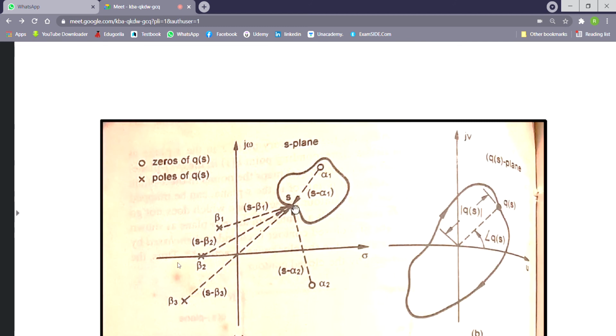And we will traverse this contour in clockwise direction. Got it?